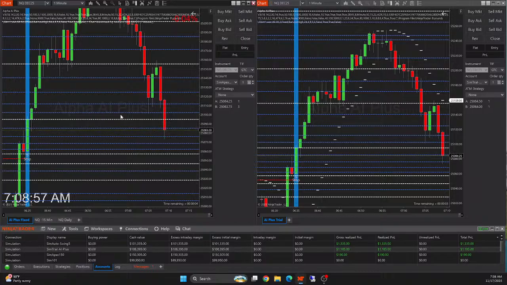Also, I made this cool option: when you hit the profit target or stop loss, it's going to have a message here, daily profit target hit or max loss, whatever. So you will see it in your eyes. Done, no trades.